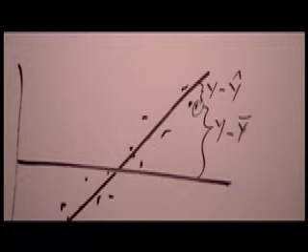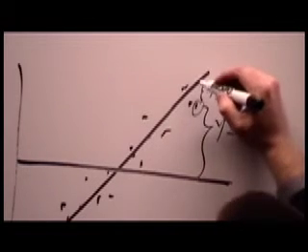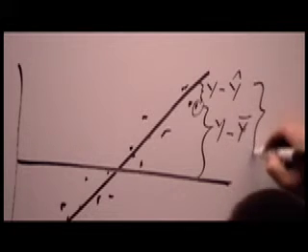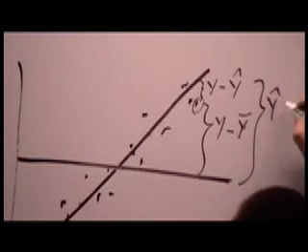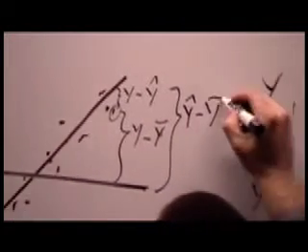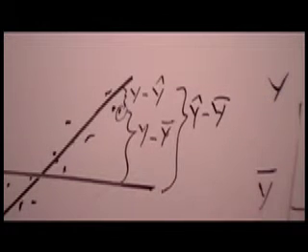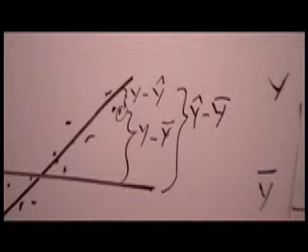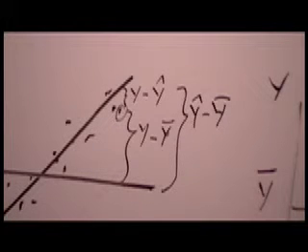And in addition, we can put those two together and get y hat minus y bar. The question is, how do these three things relate? It's not obvious. I mean, right now it's pretty obvious. If you add these two together, you get this one.